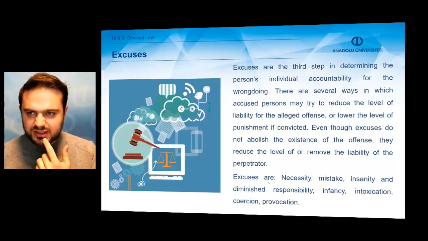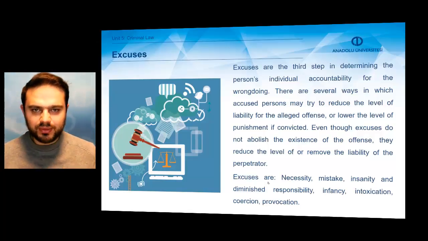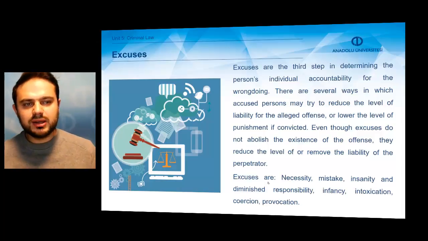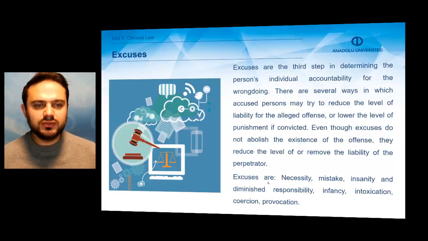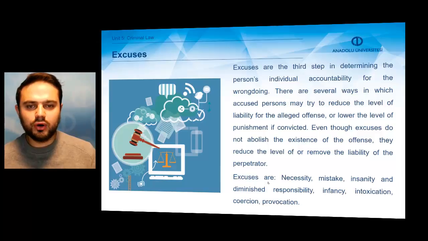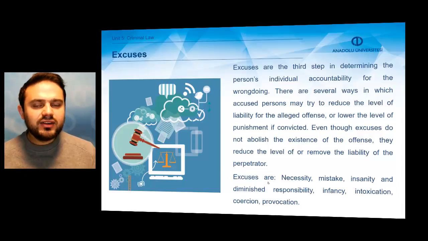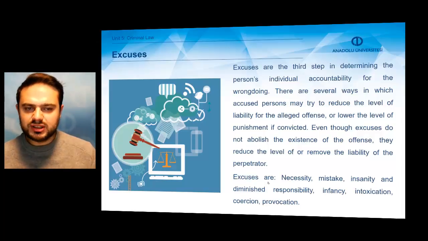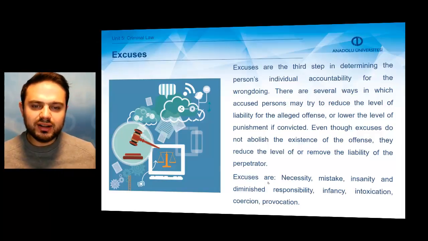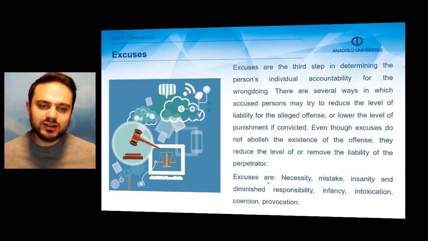So, what are excuses? Excuses are the third step in determining the person's individual accountability for the wrongdoing. There are several ways in which accused persons may try to reduce the level of liability for the alleged offense or lower the level of punishment if convicted.